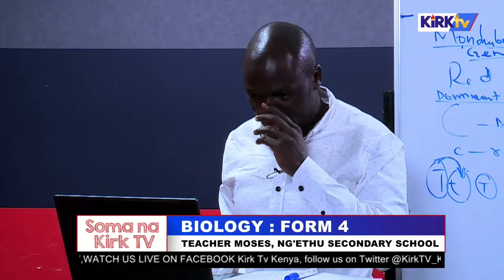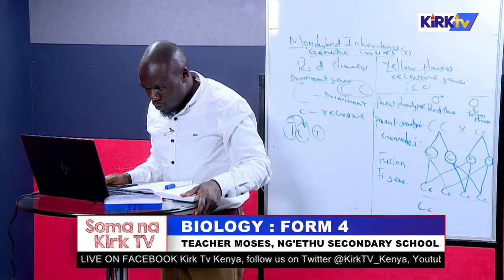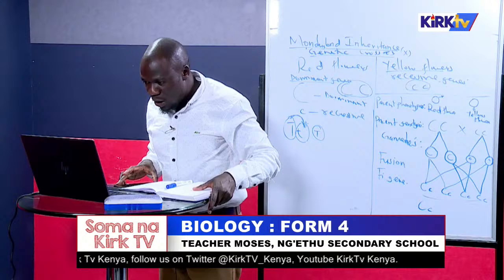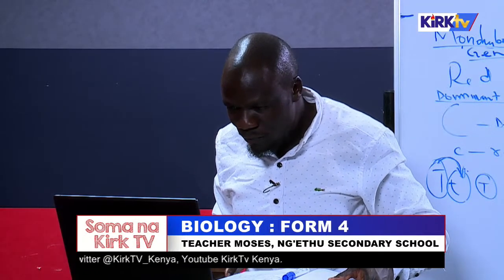In rats, the allele for black fur is dominant over the allele for brown fur. Work out the first filial generation using genetic crosses. Work out the F1 generation using the genetic crosses.